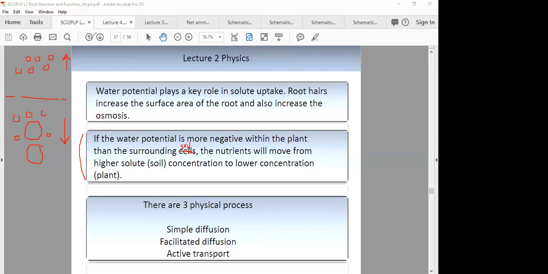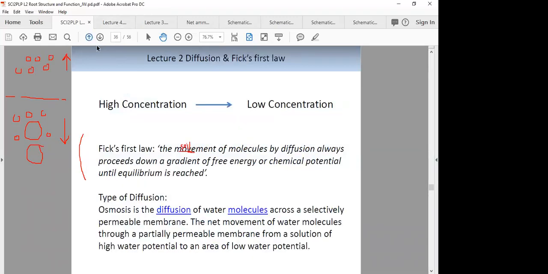Okay, water, I think we better go back a little bit and just revise a little bit more. Let me just get rid of that. All right, let's go back here and just revise a little bit more. All right, so generally we're looking at the movement.